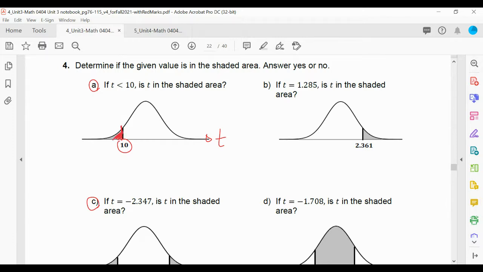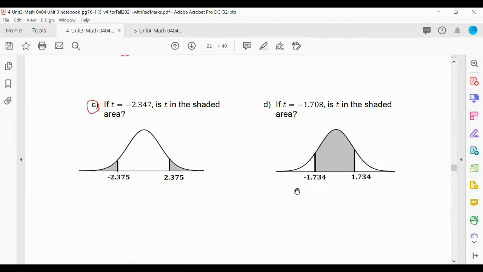Everything that's shaded is everything to the left of 10. So if t was, let's say, 9, it actually is in the shaded region. So the answer is yes. A complete sentence would say yes, t less than 10 is in the shaded region.